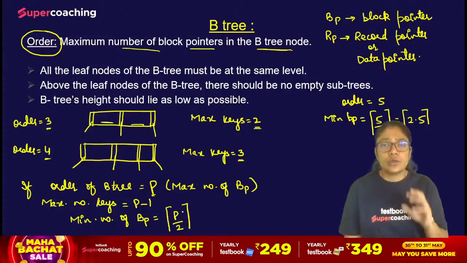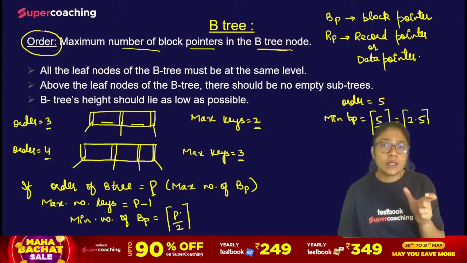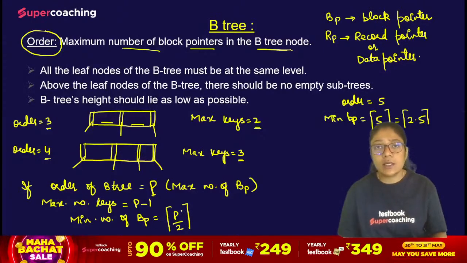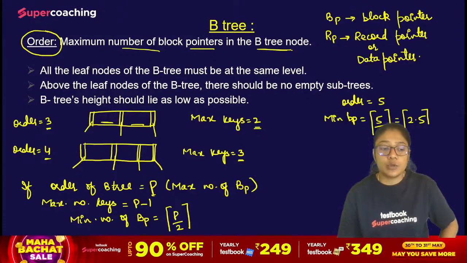It's always good to keep in mind what is the condition and, according to your formula, what answer you are going to get. So automatically it will give you an idea whether you should go for the ceil value or the floor value. Alright, so if minimum number of block pointers are P by 2, then definitely minimum number of keys will be P by 2 minus 1, because we know that the keys are 1 less than the number of block pointers.